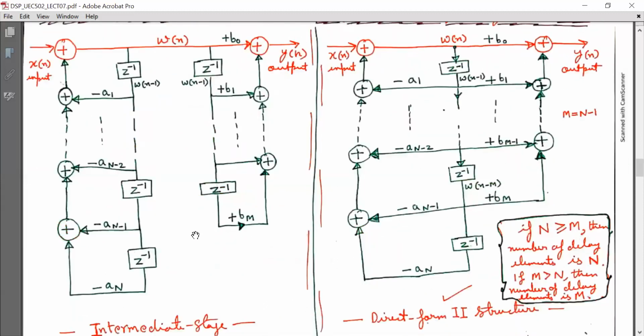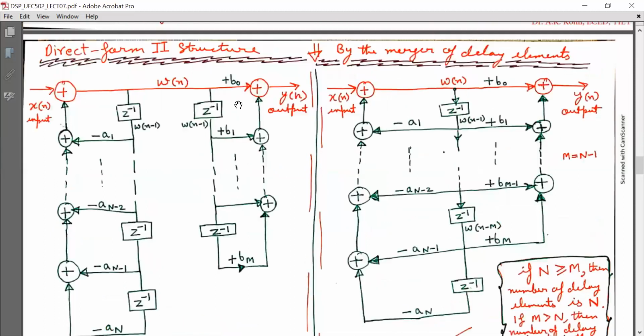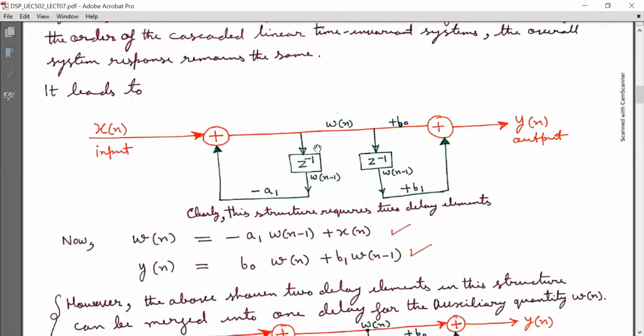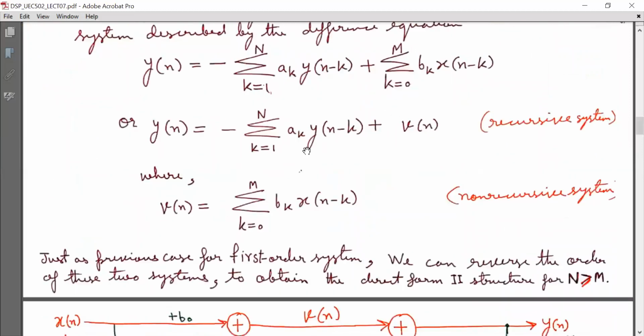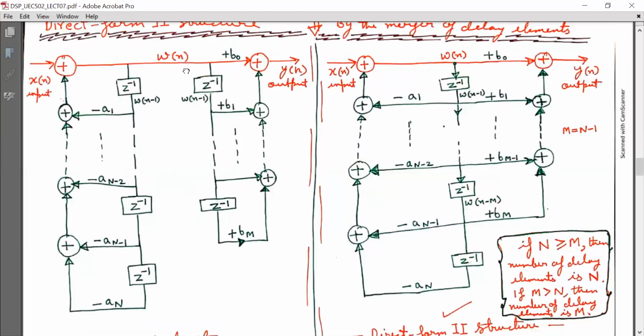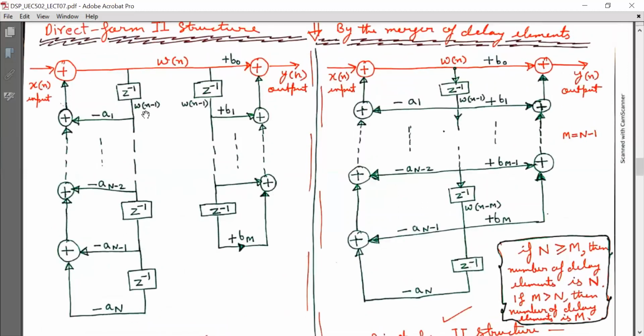So first we will plot the intermediate stage, in which I have interchanged the positions of sections A and B. Now clearly there is an auxiliary quantity w[n], and here it is w[n] at this node, w[n-1], w[n-1], and so on.